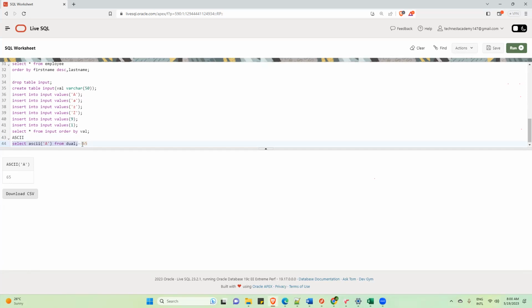Similarly, if you want to find the ASCII value of lowercase a, what is the value? 97. And if you want to find uppercase Z, what is the value? 90. If you want to find lowercase z, 122.